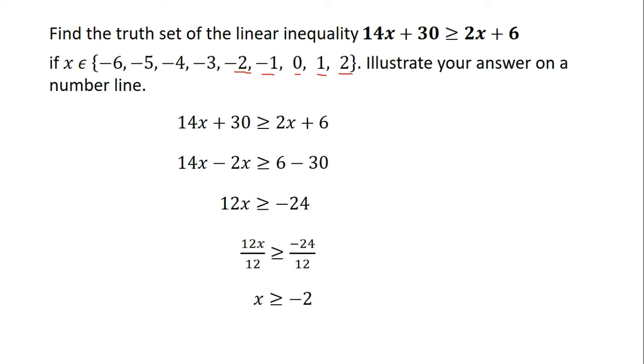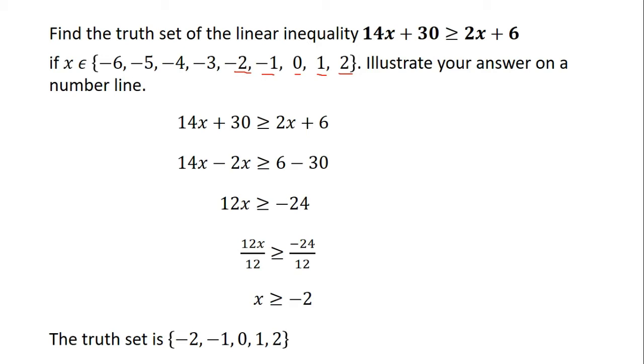Remember that -3 is not greater than -2. So the truth set is -2, -1, 0, 1, and 2. So we've dealt with the second part of our question.